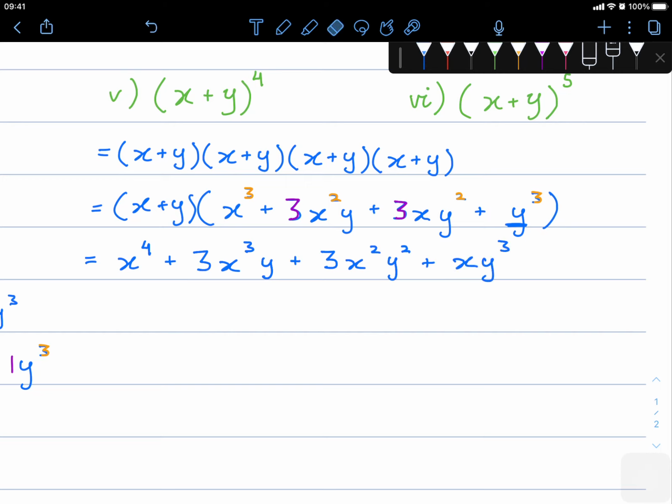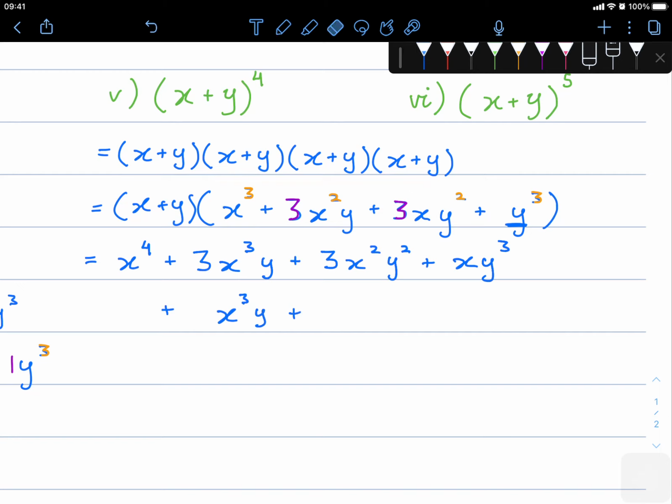We're finished with multiplication of x. Let's move on to y. Y times x cubed is going to become x cubed y. Once again, notice how I'm using a new line and lining up like terms already. Makes it a lot easier.